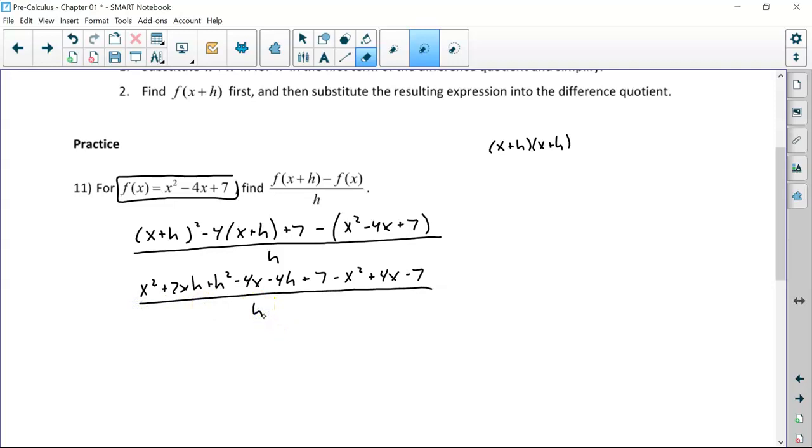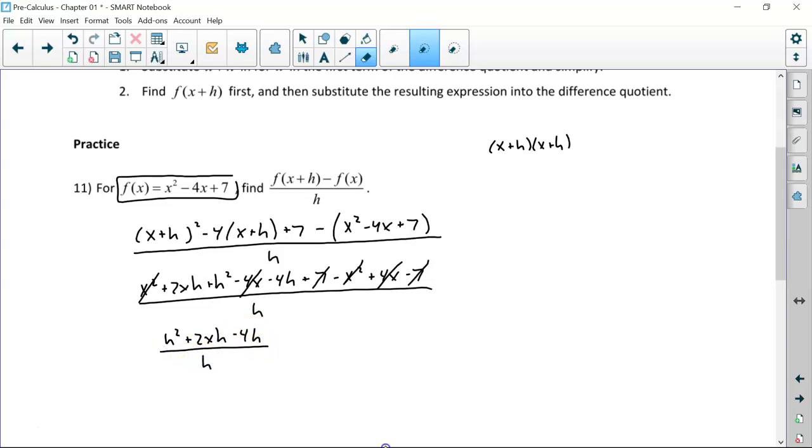So we look to combine our like terms. The x squareds cancel. The negative 4x and the positive 4x cancel. The positive 7 and the negative 7 cancel. So what we're left with is h squared plus 2xh minus 4h all over h.